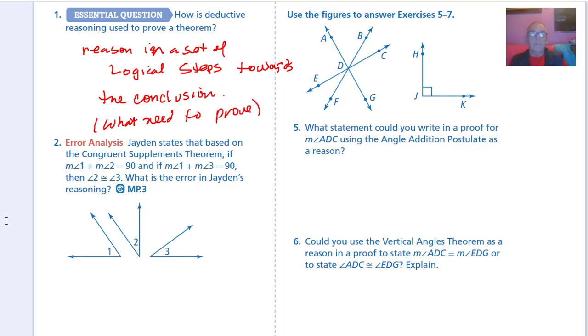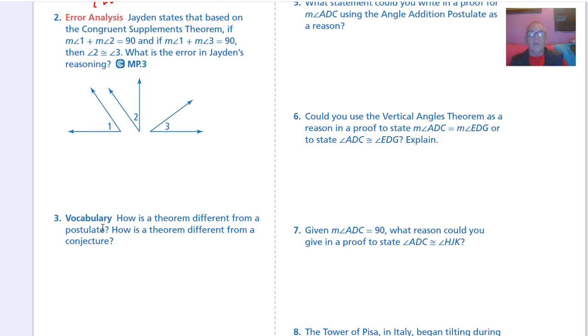So look at number 2. Jaden states that based on the congruent supplements theorem, if angle 1 and angle 2 add up to 90, and if 1 and 3 add up to 90, then angle 2 is equal to angle 3. So let's see what's wrong with that.